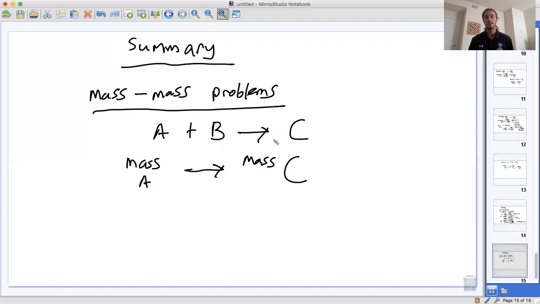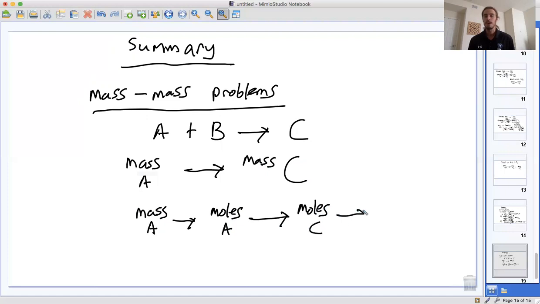Maybe it's this reactant and this product, then it's going to be a 3-step process. You're going to convert the mass to moles. Then you're going to convert moles to moles. And then finally, moles to mass, right?